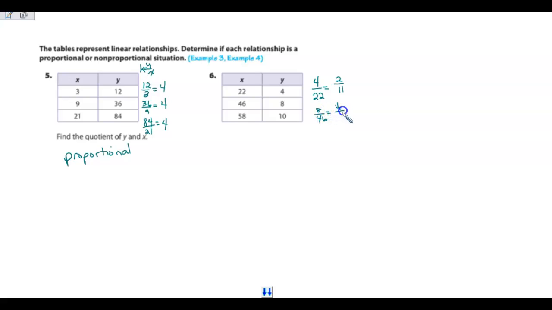That would give me 4 over 23. And this one would be 10 over 58. I can divide both by 2, and that gives me 5 over 29. Are these constant? No, because there is no constant, this is non-proportional.